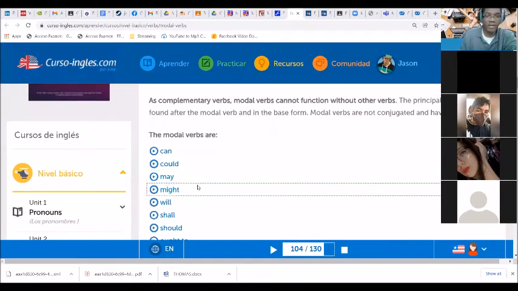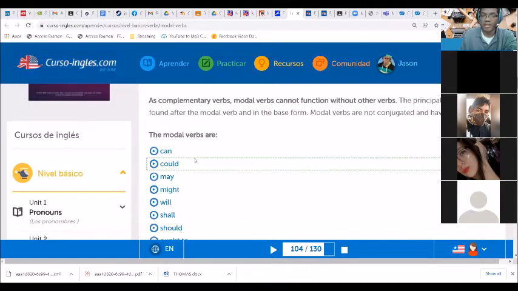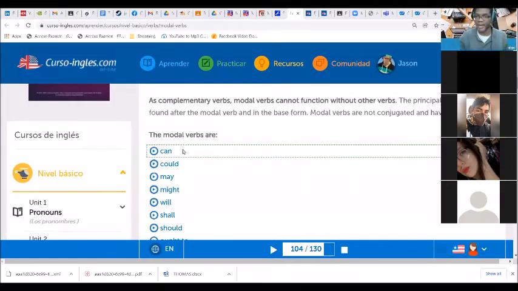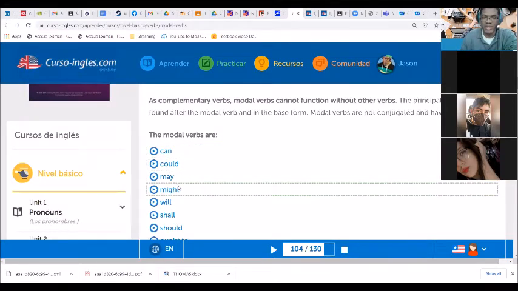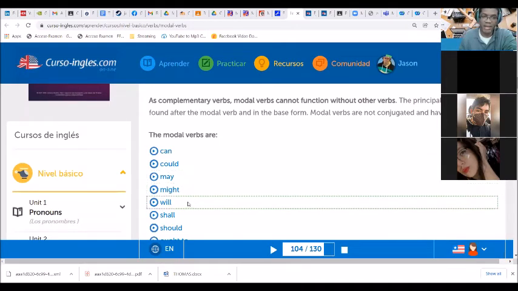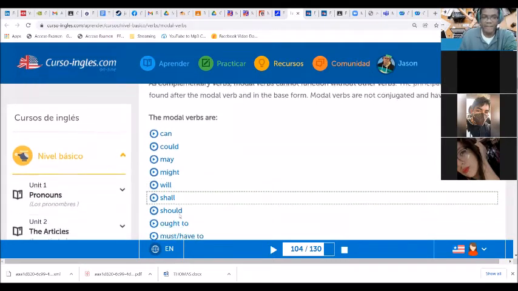Can and could. They talk about your powers. The Spanish word that is equivalent is poder. Then you have the probabilities or permission, may and might. You have a little bit of the future and assistance and things like that with will and shall.